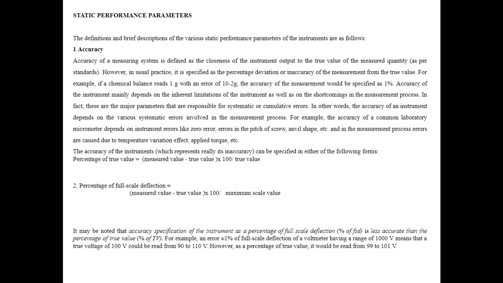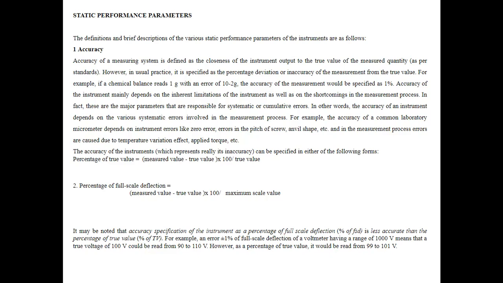Accuracy of the instrument mainly depends on the inherent limitations of the instrument as well as on the shortcomings in the measurement process. In fact, these are the major parameters that are responsible for systematic or cumulative errors. In other words, the accuracy of an instrument depends on the various systematic errors involved in the measurement process.